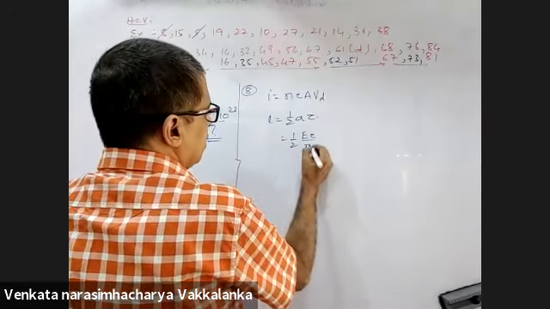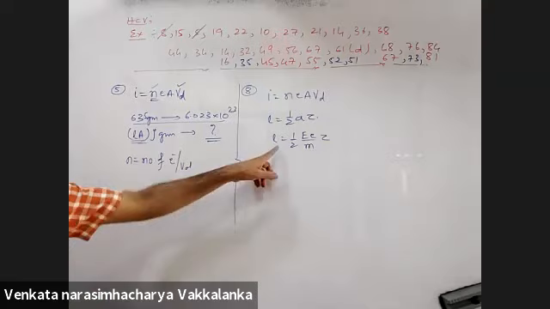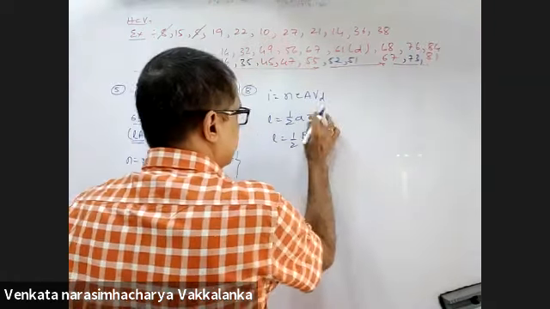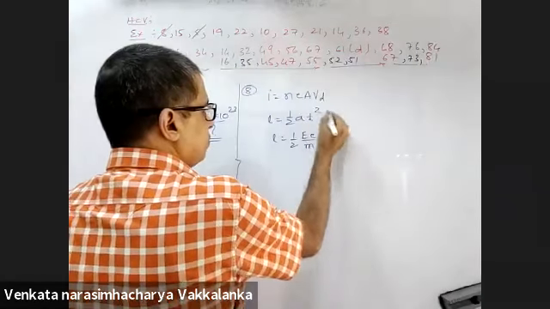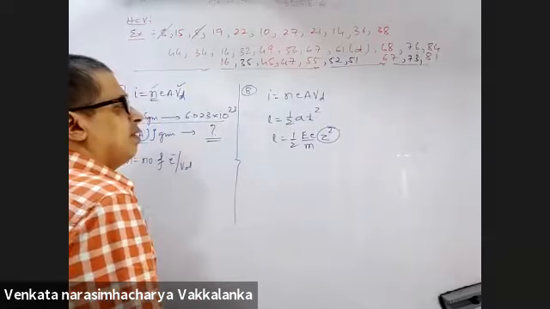Area of cross section is given, length is given, current is given, number of electrons per cubic meter is given, average time taken by an electron to cross the length of the wire. L is equal to half a t square. Half a t square. Here tau square. Right?